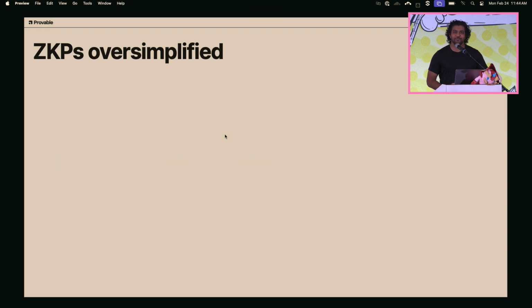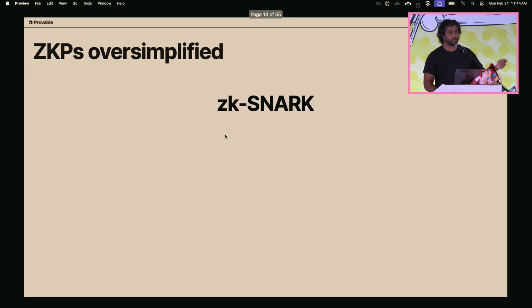Now, before we get there, we're going to have to talk about ZKPs, but I'm going to keep this super, super high level and oversimplified. There isn't a huge need for technical ZKP materials, and there's a bunch of really good resources online for this stuff. So for the purposes of this talk, when I refer to zero-knowledge proofs, I'm going to refer to ZK-SNARKs specifically.